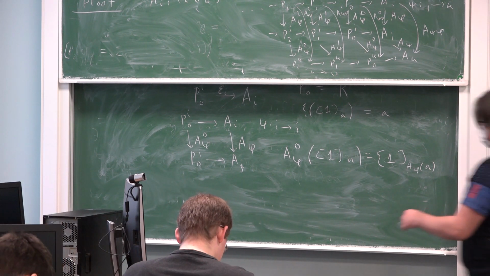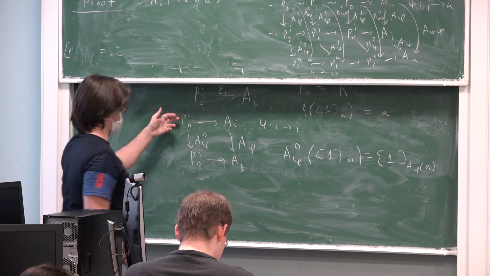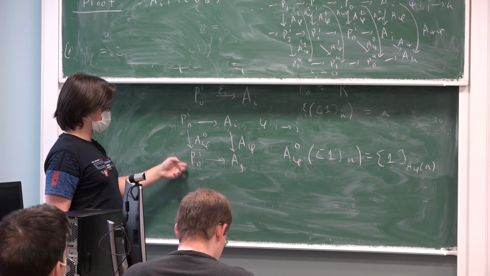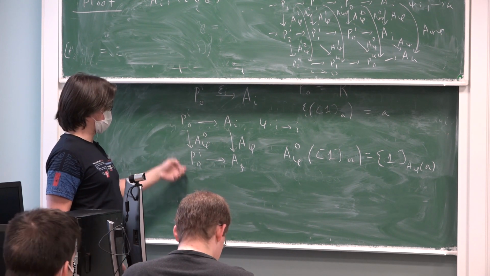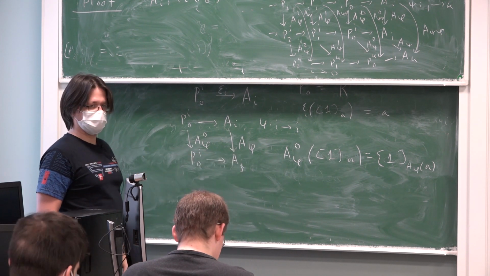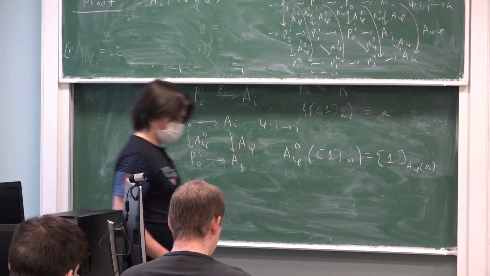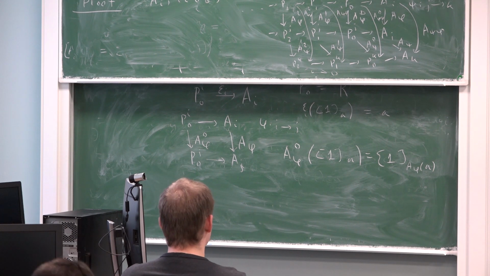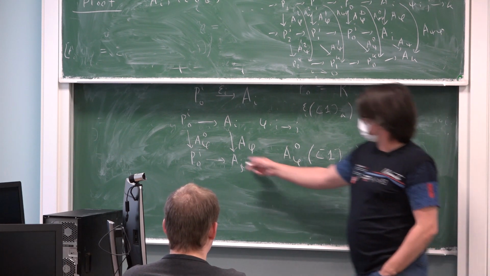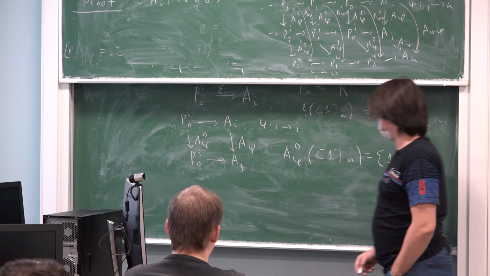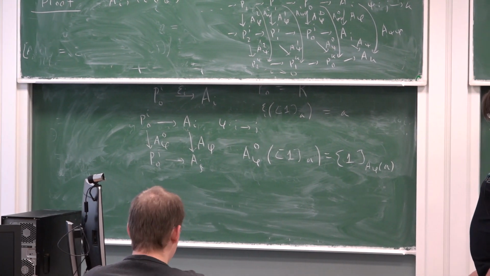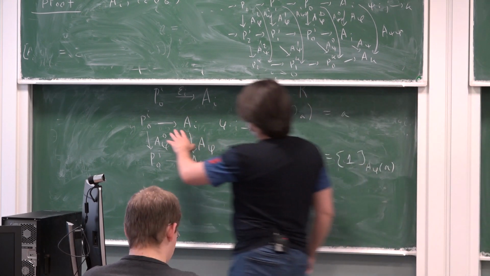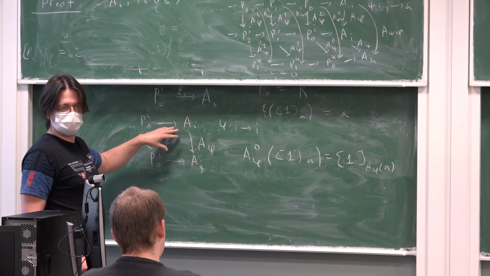So we simply send a generator here to the corresponding generator here that corresponds under A phi. So we simply apply A phi to indices or generators. And so it's obvious that this square is commutative, yes.